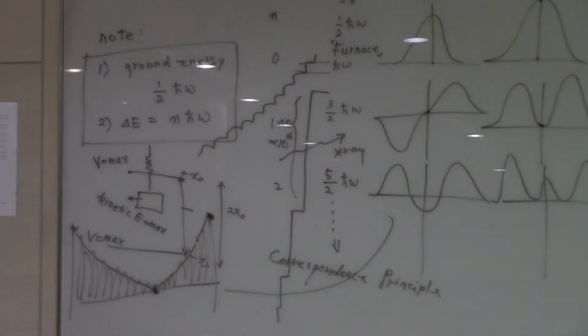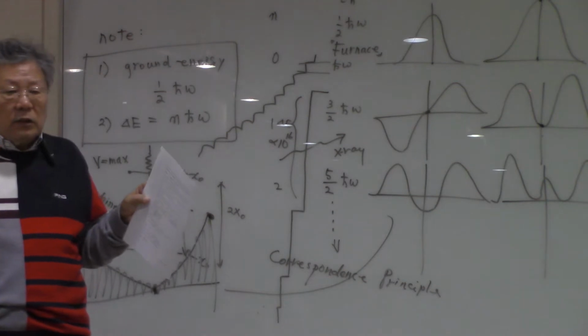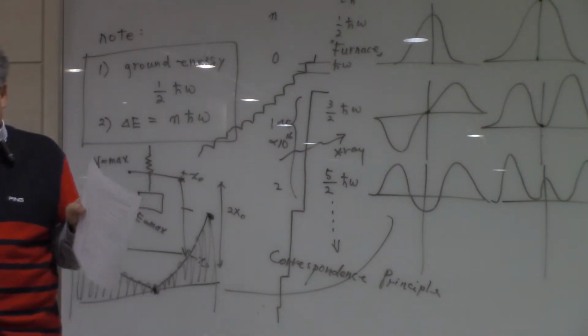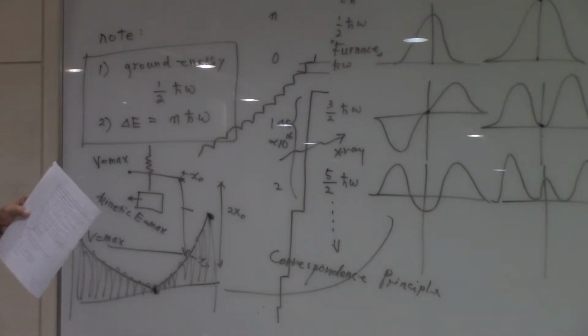And from that question, you can have the statistics for the phonons. For the electrons, it is Fermi-Dirac statistics. But for the phonons, Bose-Einstein statistics. That is going to be covered later.